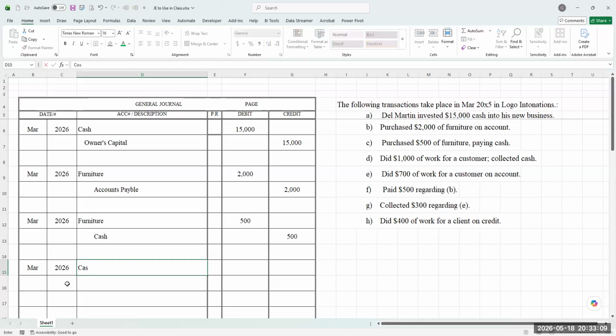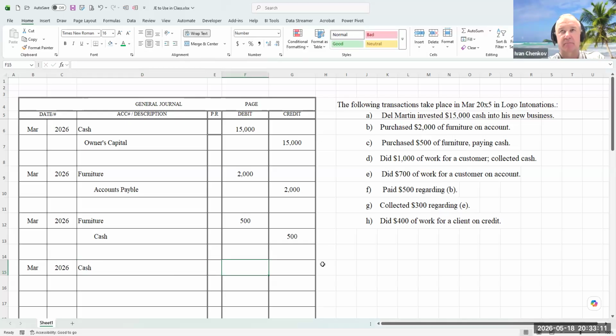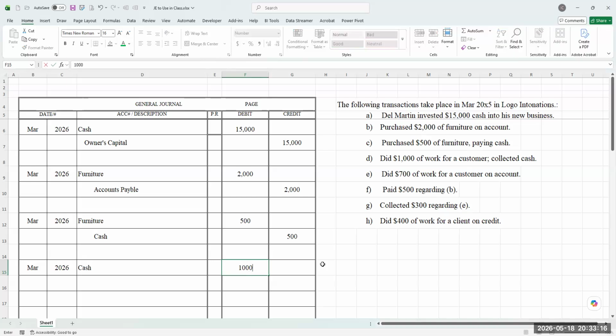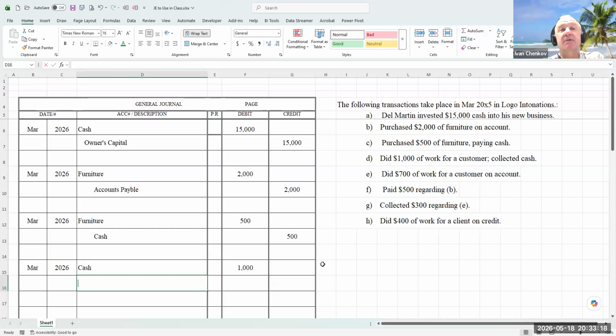How much cash does the business get? $1,000. Now, why does the business get the cash? Because the owner provided the services. So what will that be? Revenue. Make sense? And revenue goes up on which side? Credit side. How much is that credit? $1,000.